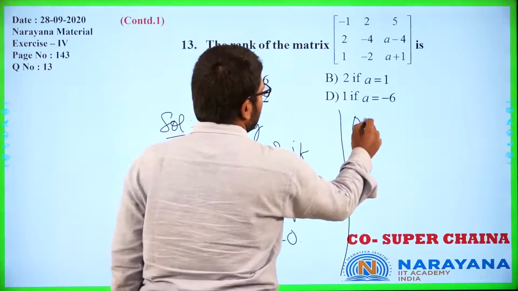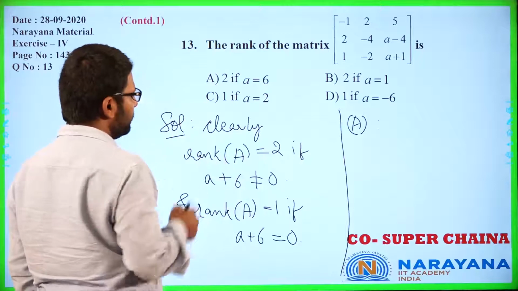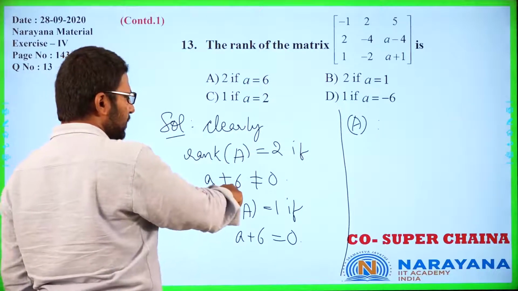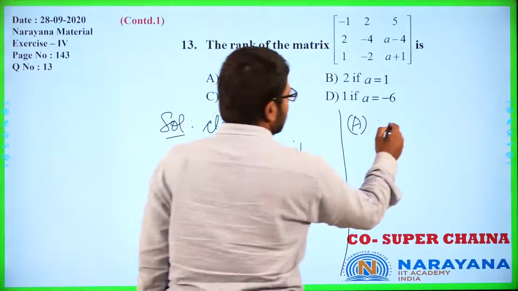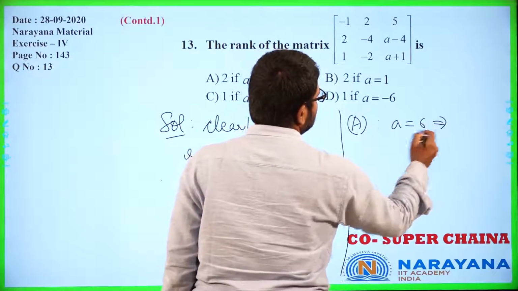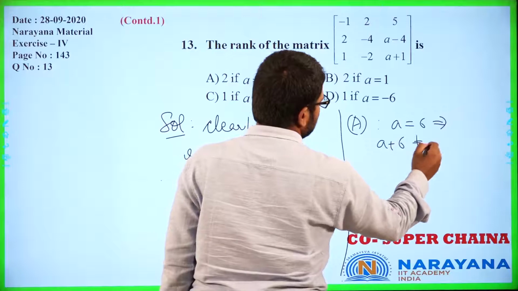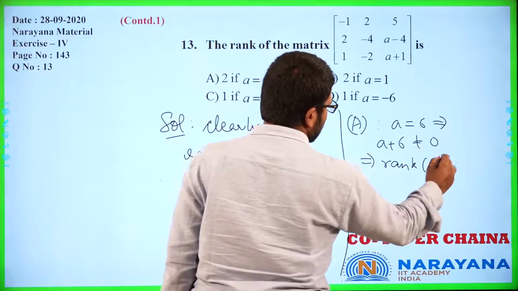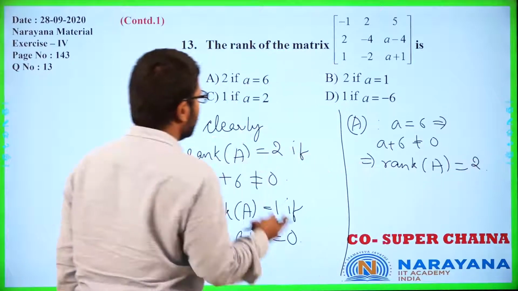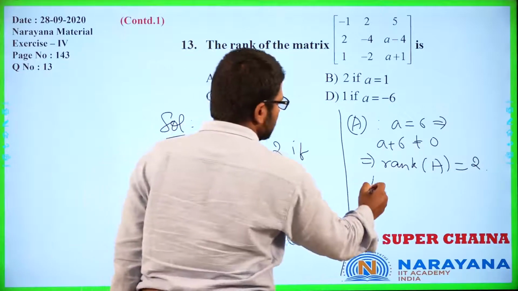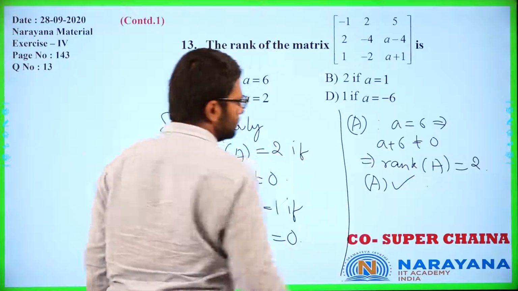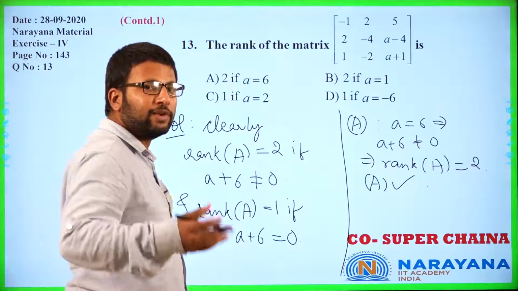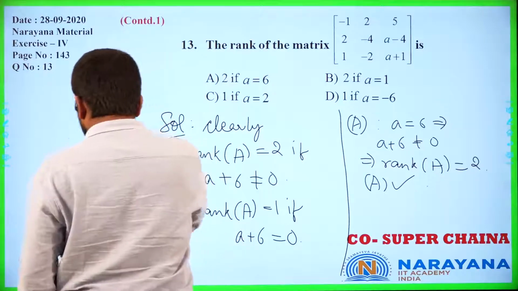So now option A says 2 if A equal to 6. Now if A equal to 6, it means A is not equal to minus 6, right? A equal to 6 implies A plus 6 is not 0, which means rank of A is 2, right? So option A is correct. Yes, but this is an exercise 4 question, which means more than one options could be correct.